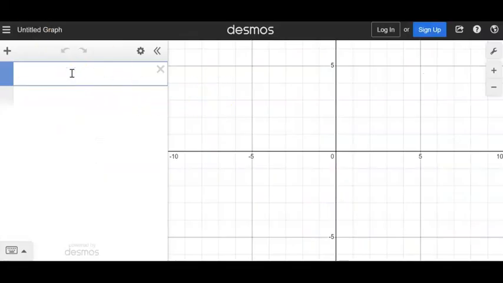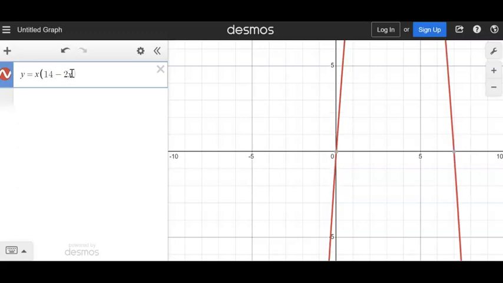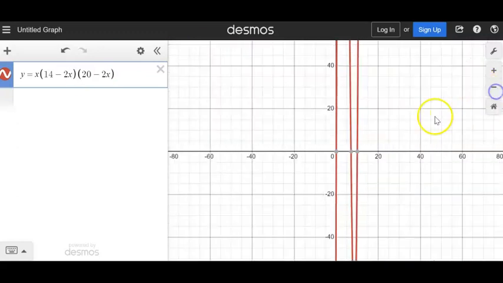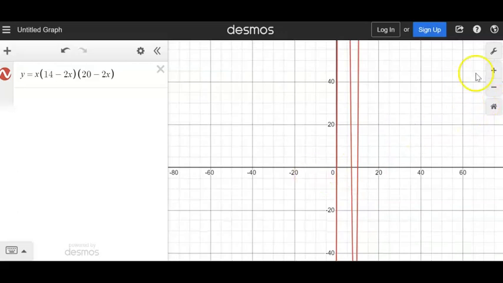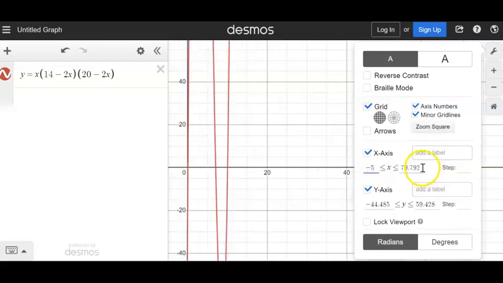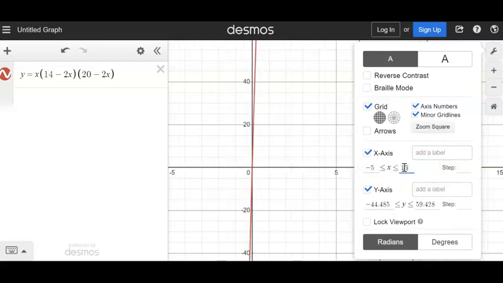All right, we could take a guess and see where that maximum might be. It might be between 0 and 7. But I'm going to plug this into Desmos and see. Maybe I'll play around here with my window. I just want to go from maybe -5 to 15.